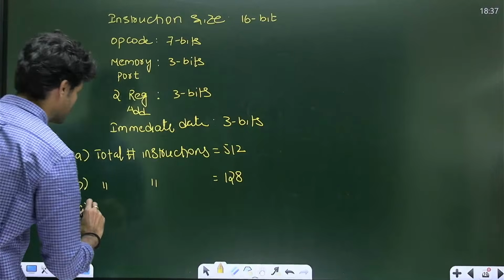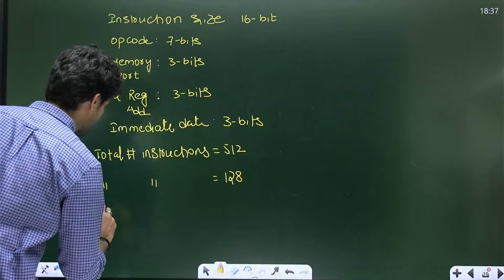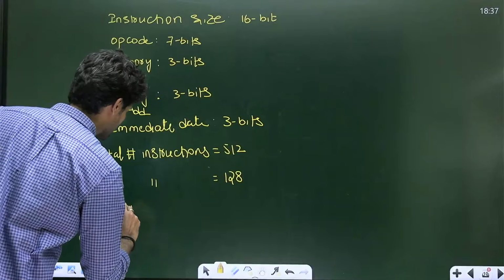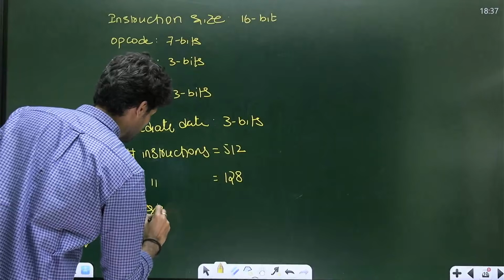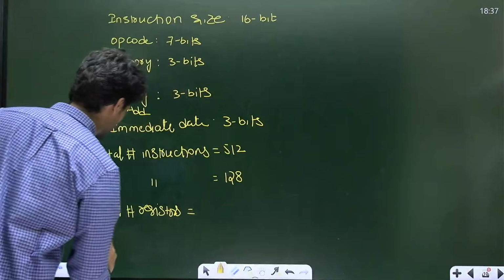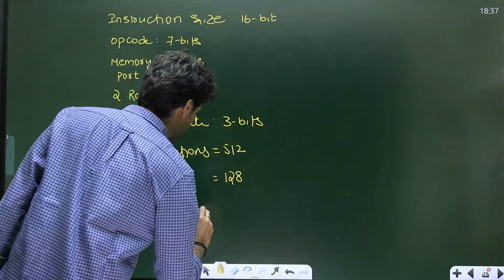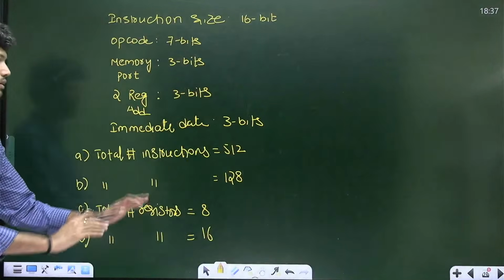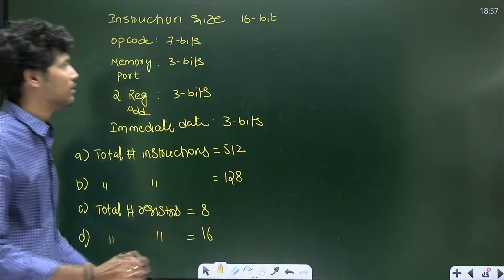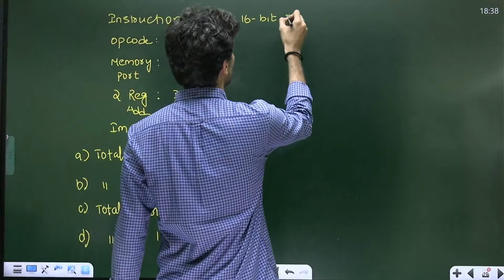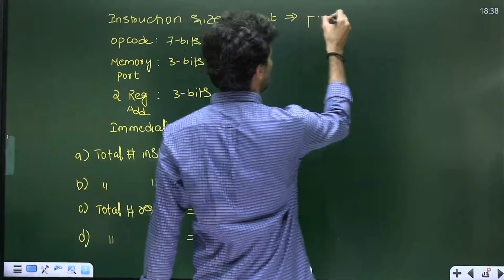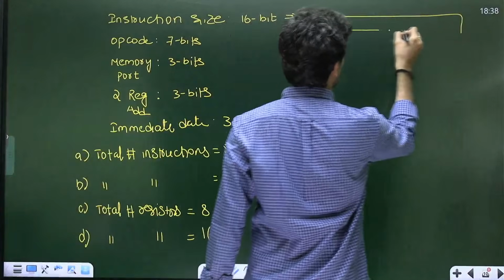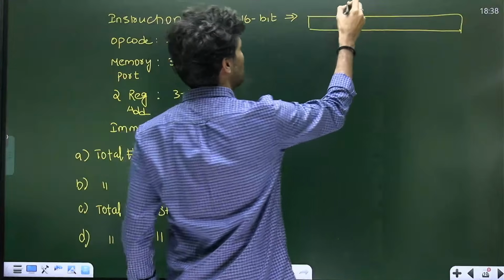And then total number of registers is given as, I believe, 8 as well as 16. So these are the options that you're having. See, we have the instruction size to be total 16 bits. So you can think of it like this. This is basically some random instruction.